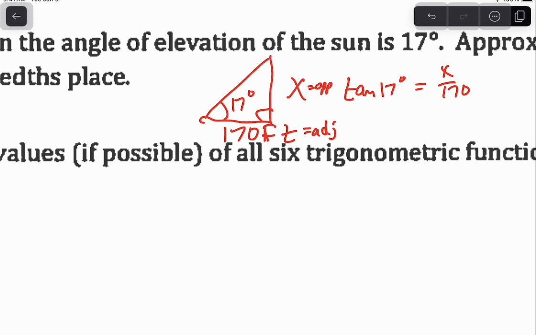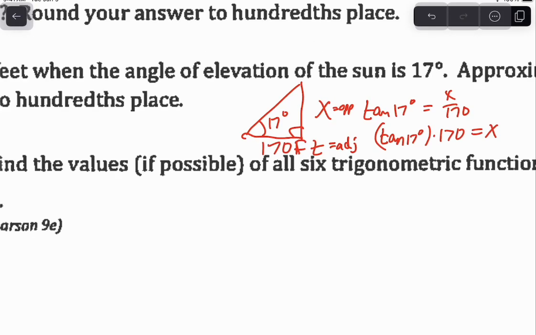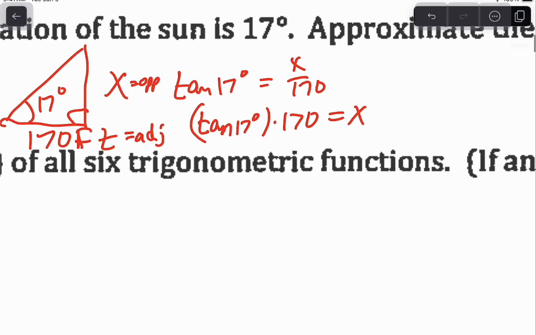So this is just the tangent of 17 times 170 would equal x. Whatever's in your denominator crosses over. Now in this case we don't have anything more to do. We can just set that math up and we get, to the nearest hundredths like they've asked, 51.97 feet.